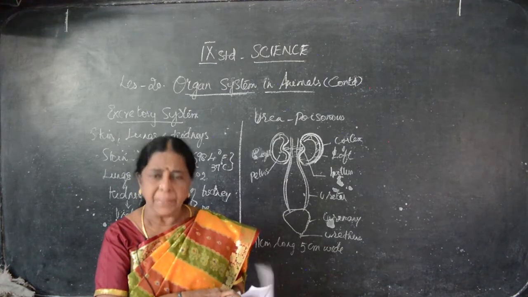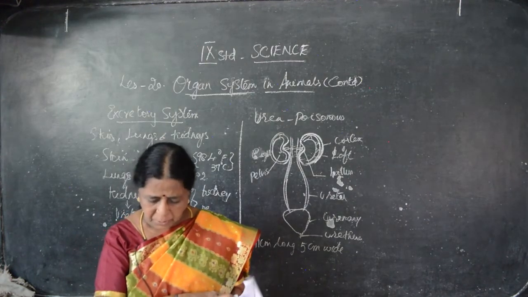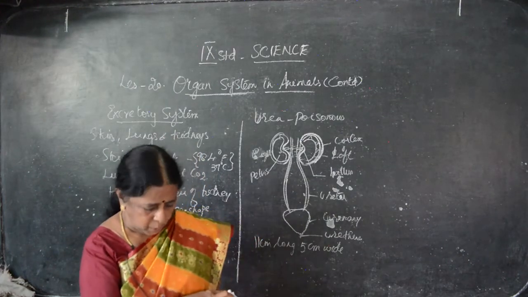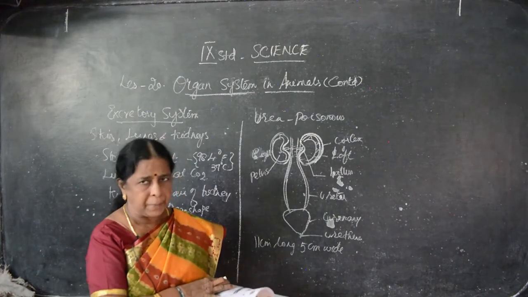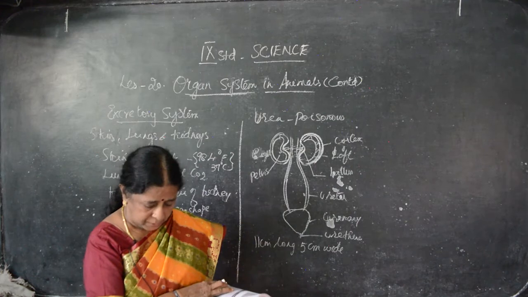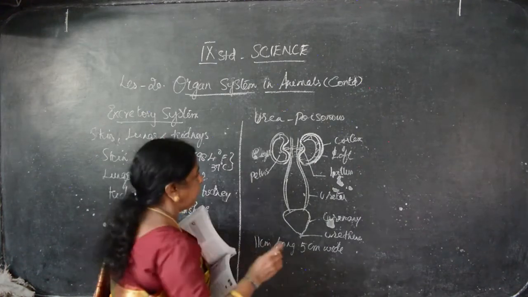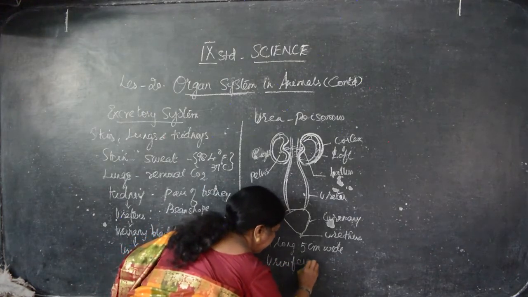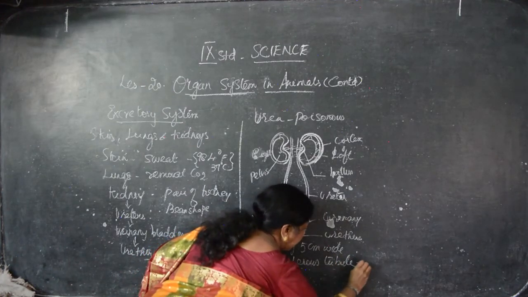The kidney is covered by a layer of fibrous connective tissue: the renal capsule, adipose capsule and fibrous membrane. Internally, the outer dark region is the cortex and the lighter pale reddish region is known as the medulla. In the medulla we have seen the uriniferous tubule, that is known as what?